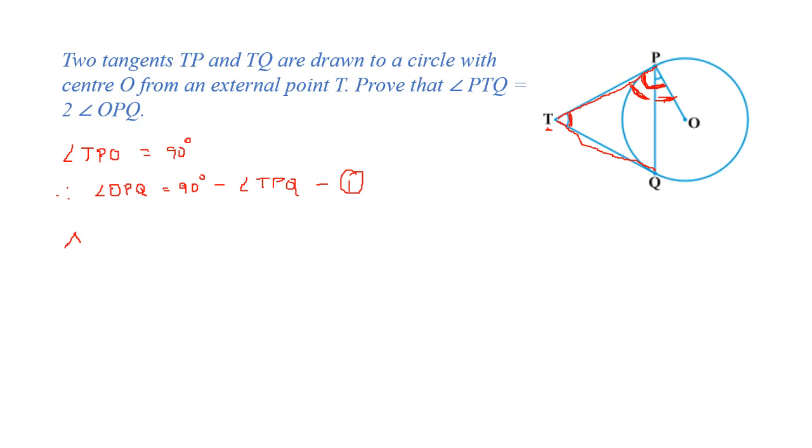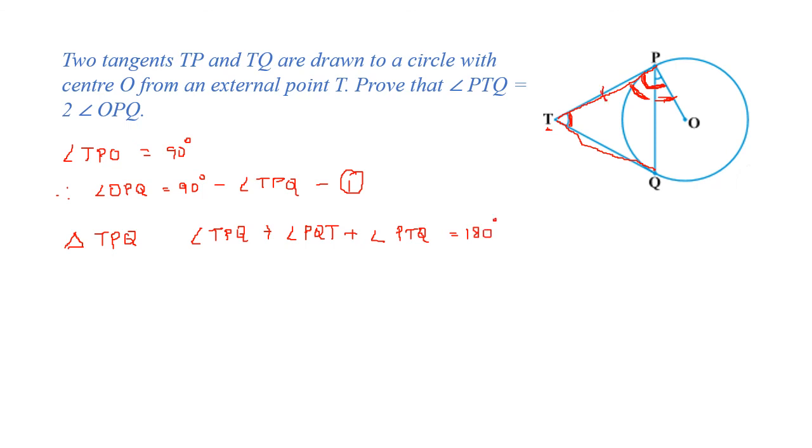Now look at triangle TPQ. TPQ makes a triangle, so we have angle TPQ plus angle PQT plus angle PTQ. All these three angles add up to 180 degrees.